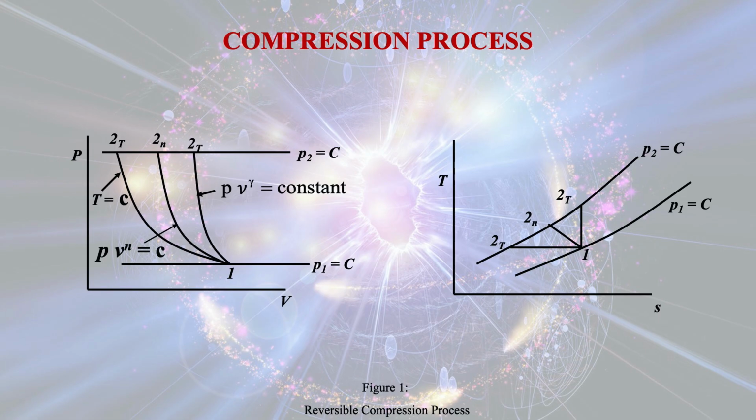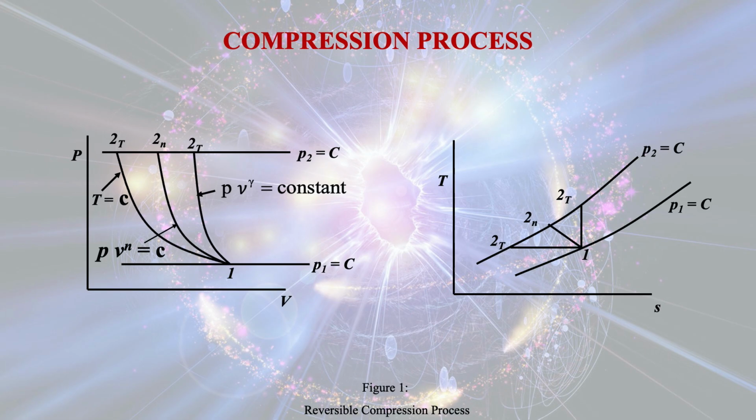Here the compression process is from initial pressure P1, denoted by state 1, to the final pressure P2, which is denoted by 2. So PV to the power gamma is equal to constant represents the reversible adiabatic process.